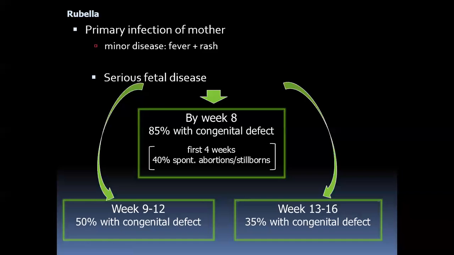Some changes can occur by the eighth week of gestation. About 85% develop congenital defects with the infection when it spreads by the eighth week of gestation. About 40% have spontaneous abortion, which can occur in the first fourth week of the gestational period.